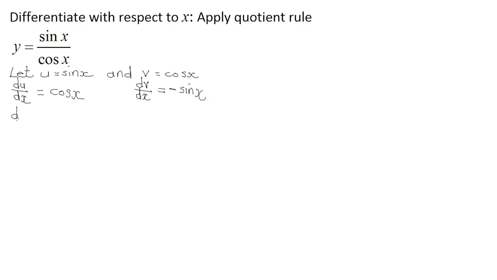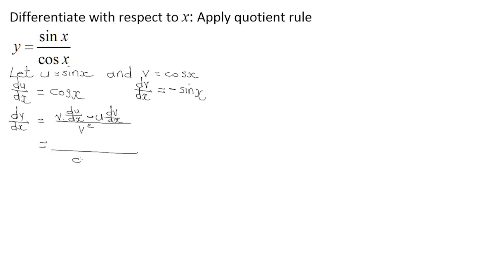Now you go to your formula sheet again, dy/dx, formula number 9, v squared, v du/dx minus u dv/dx. And then you just substitute.